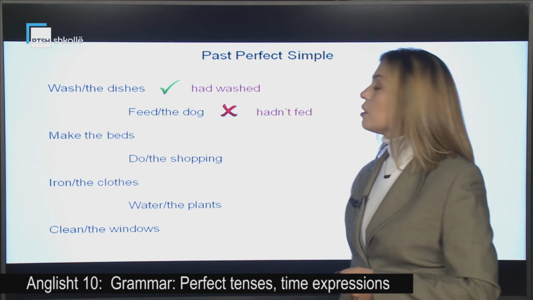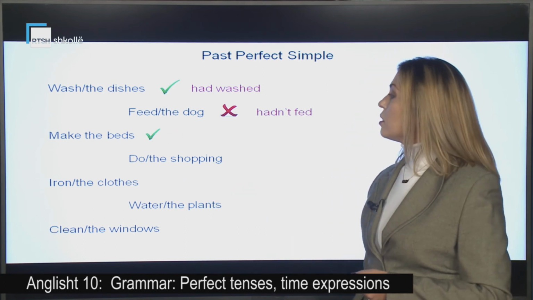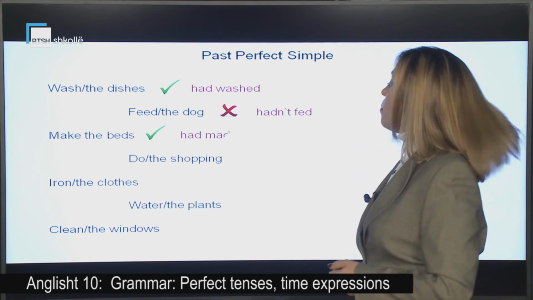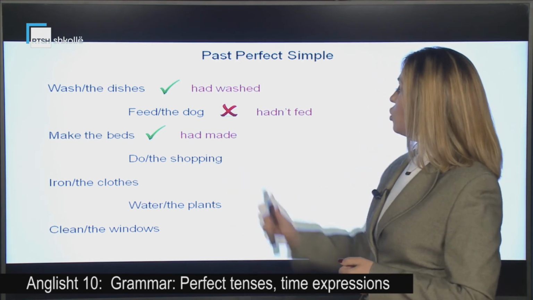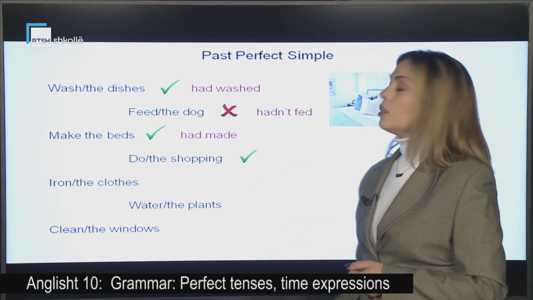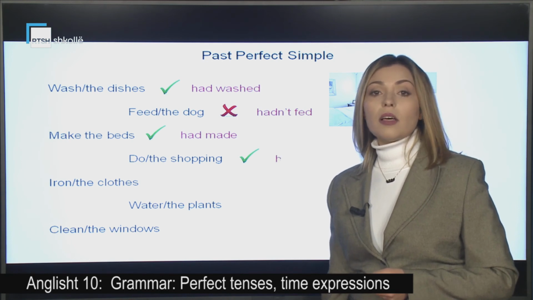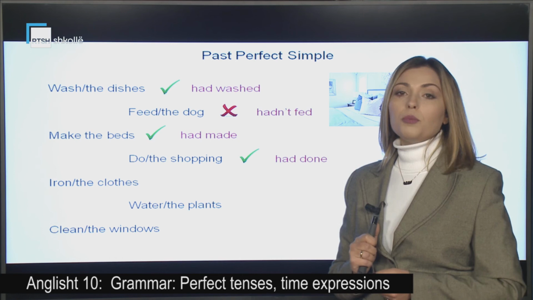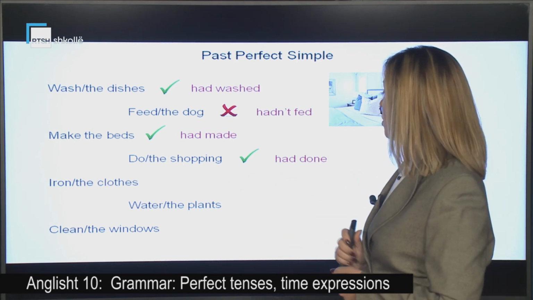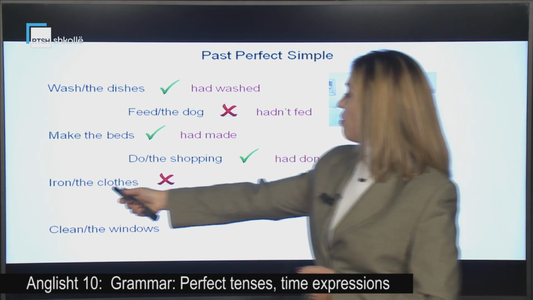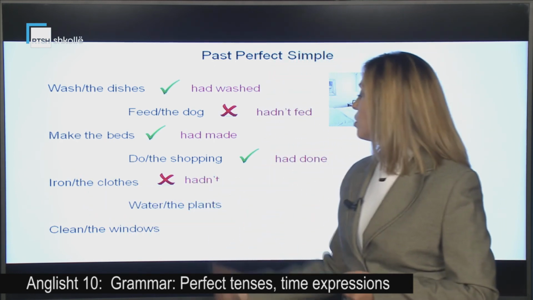Make the beds. Had she made the beds? Yes, she had made the bed. Do the shopping. Let's see. Well, yes, she had done the shopping. Had and the past participle of the verb do. Water the plants. Had she watered the plants? Oh, I'm sorry. First we have this one. Iron the clothes.